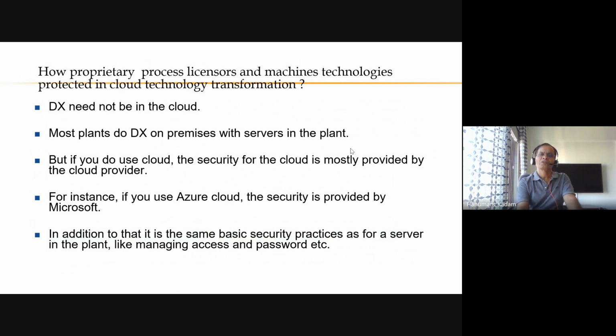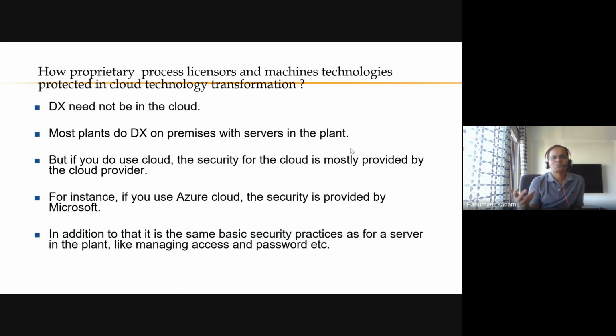See, what is happening is that we still have fear in the mind. The moment we give our plant data access to the cloud, it will get hacked or misused, or maybe our plant may get accessed and our system may trip.